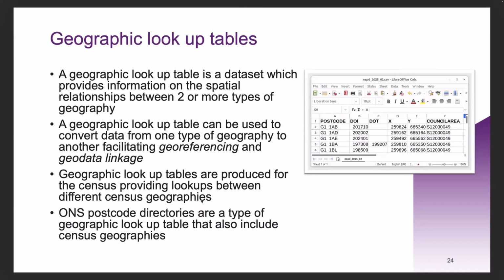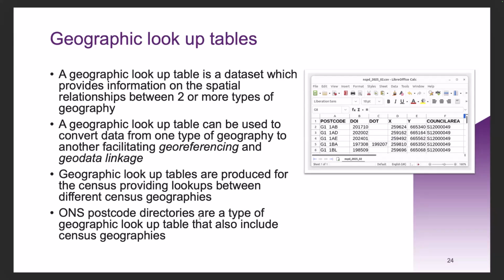We also have a concept of a thing called a geographical lookup table, which allows us to relate the different types of census geographies together. This can be useful if you want to make some transformation between the different types of census geography. So you might have data at output area level and want to convert it to data at ward or district, and then you can use a geographical lookup table which maintains relationships between output areas and wards, or LSOAs, or super output areas.